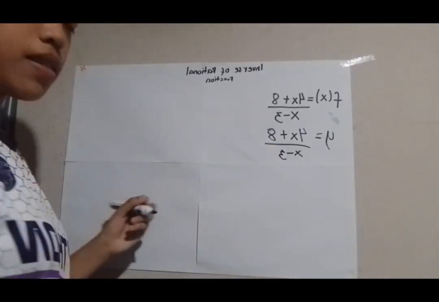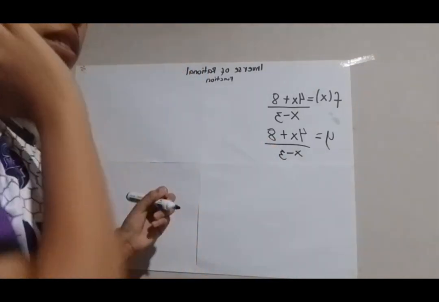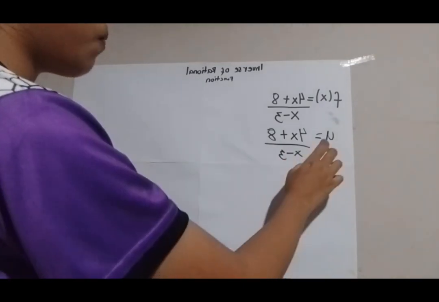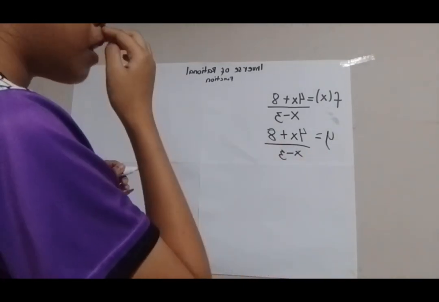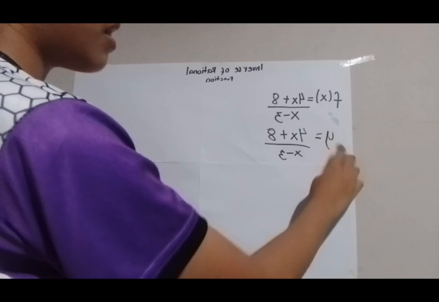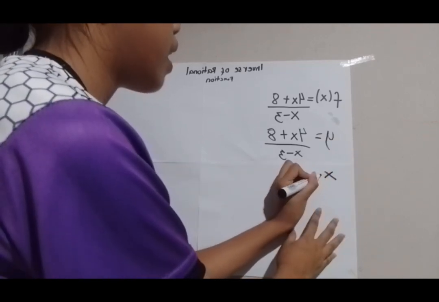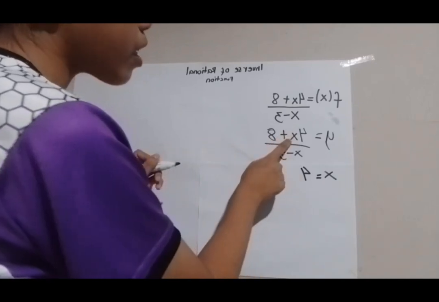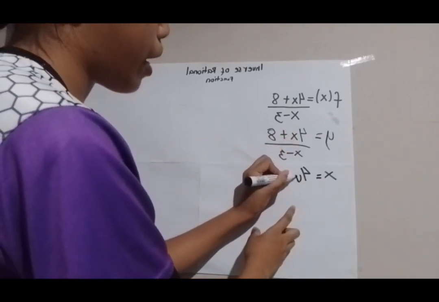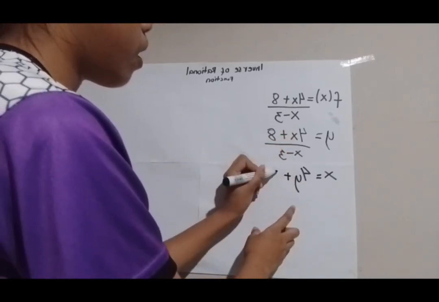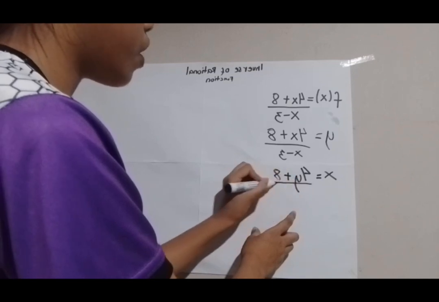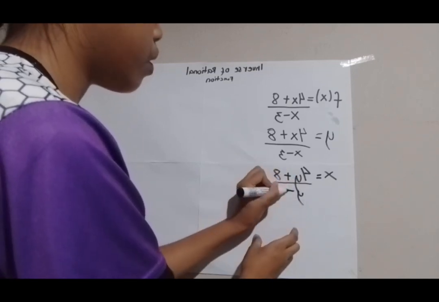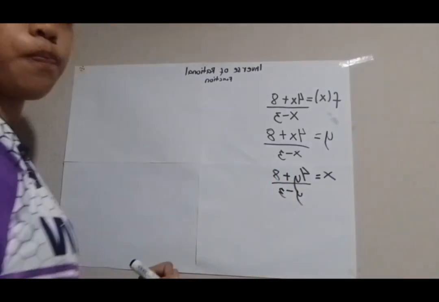The next is exchange x and y. This will be x equals (4y plus 8) all over (y minus 3).